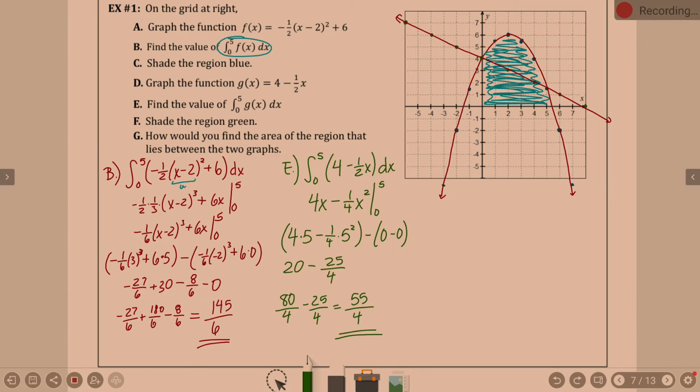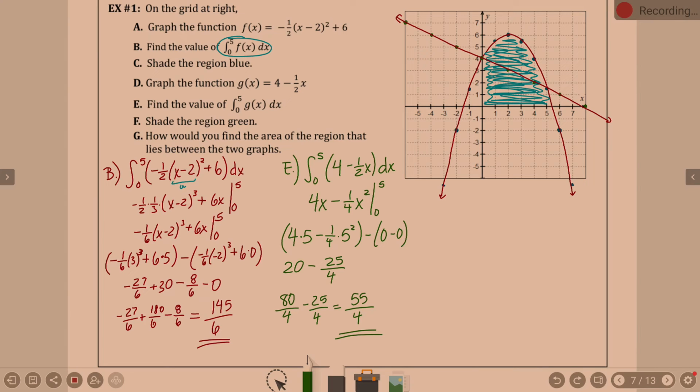I ended up at 55/4. I plugged in my 5. 4 times 5 is 20, minus 1/4 times 5 squared, which is 25/4. This time the zeros didn't matter, did they? Notice I checked though. So then I made 20 a denominator of 4, so that's 80 fourths. 80 fourths minus 25 fourths is 55 fourths.